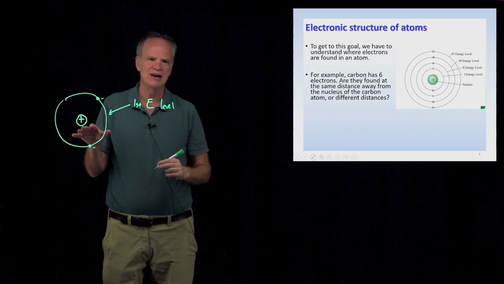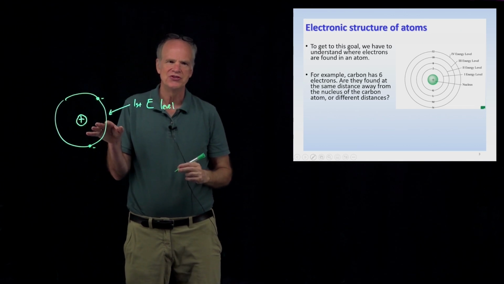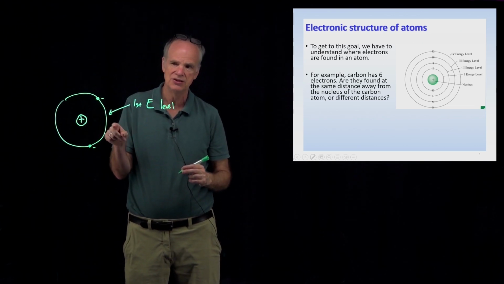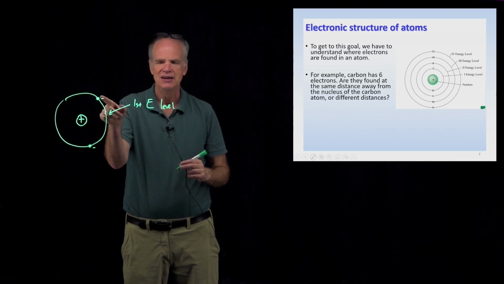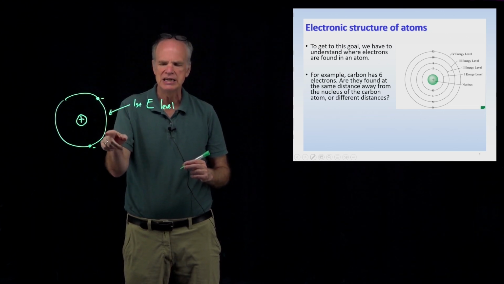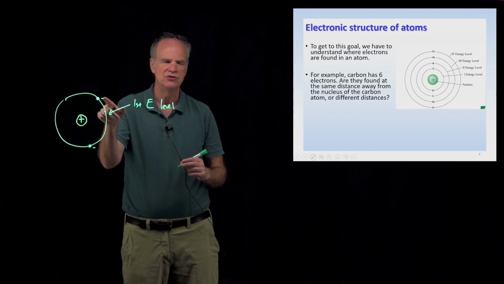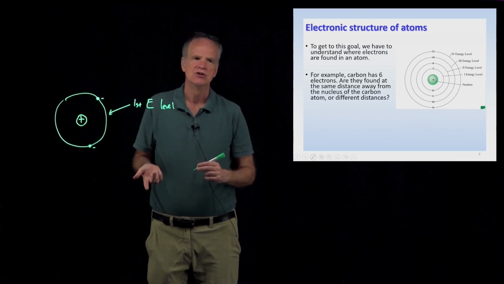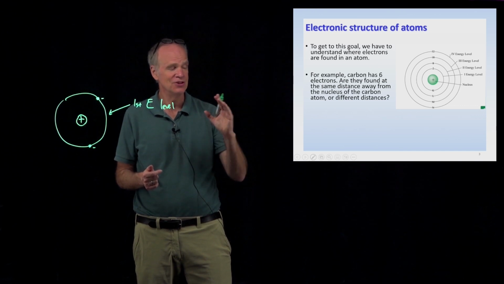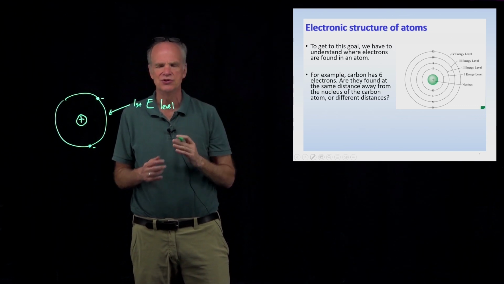Now, what I've drawn is kind of a misrepresentation of what the electrons look like and what they're doing in the atom. It almost seems like electrons here are traveling in an orbit around the nucleus. And if you were to Google carbon, you'll get this nice picture of the nucleus of carbon. You'll see these electrons orbiting around the nucleus.